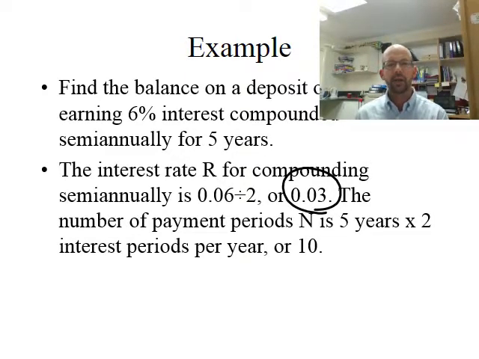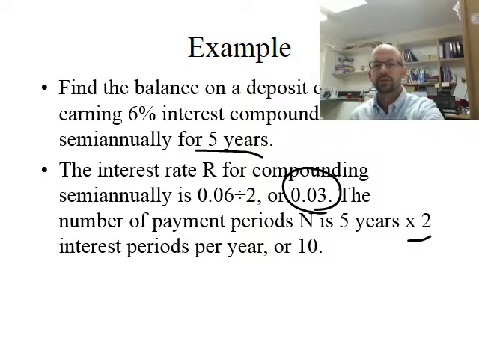And the number of payment periods will be the number of years multiplied by the number of periods per year. And that will give us 10 periods.